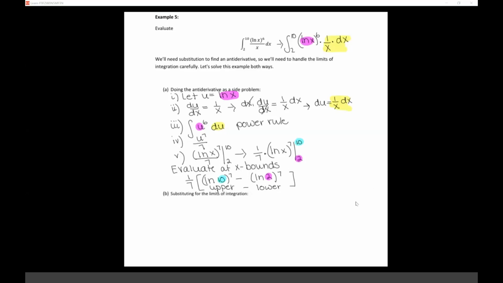So I have ln 10, and I want to raise that to the 7th, minus parentheses ln 2 raised to the 7th. Step out of the exponent, close your parens, and you get a value of about 49.01.